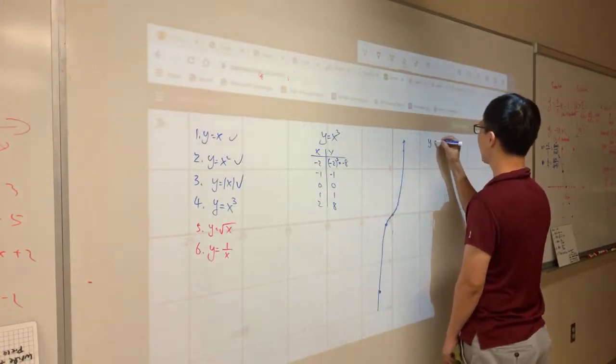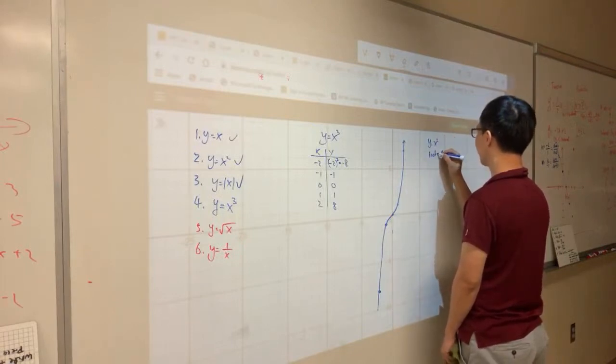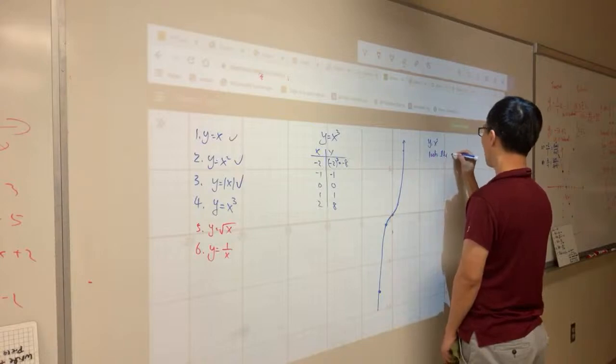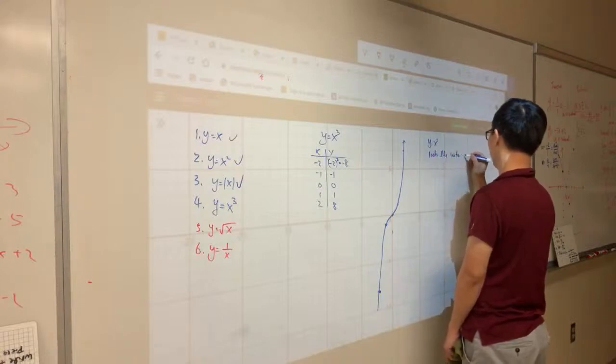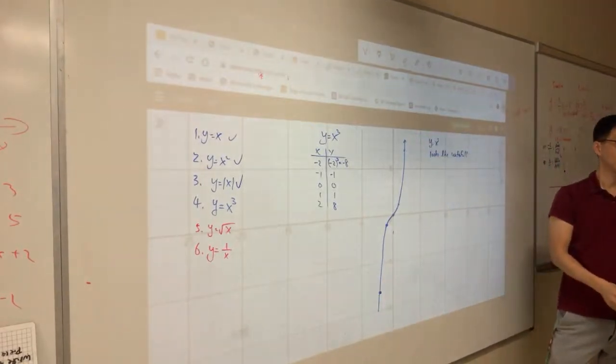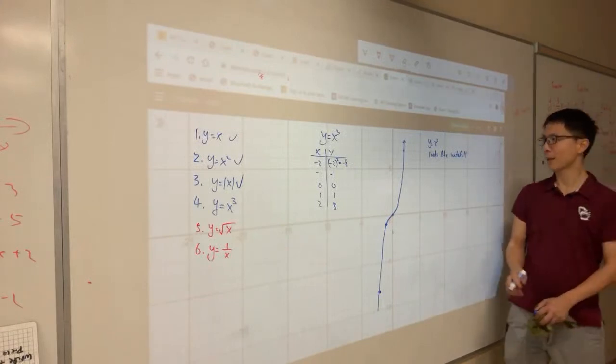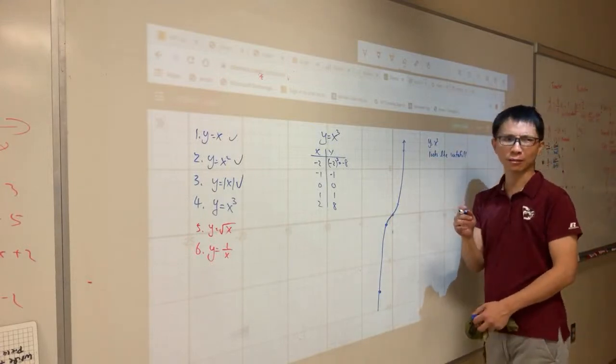So y equals x cubed looks like a waterfall. A what? A waterfall. Kind of like a waterfall. Okay, so you ask, is there any vertex?